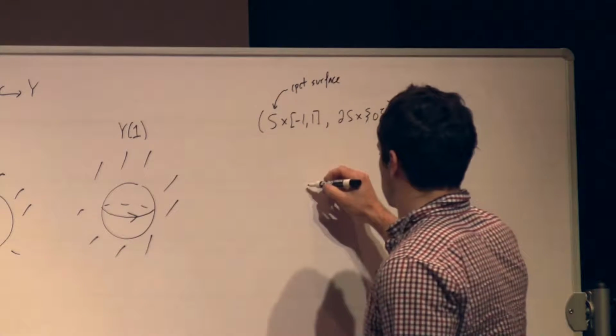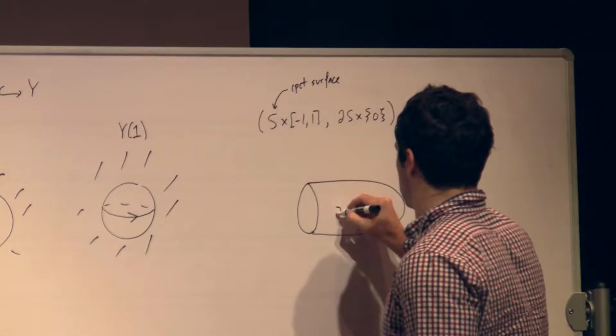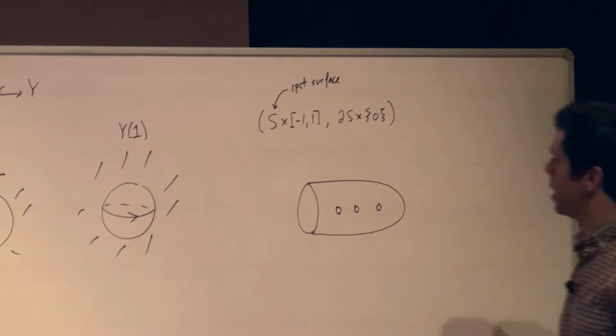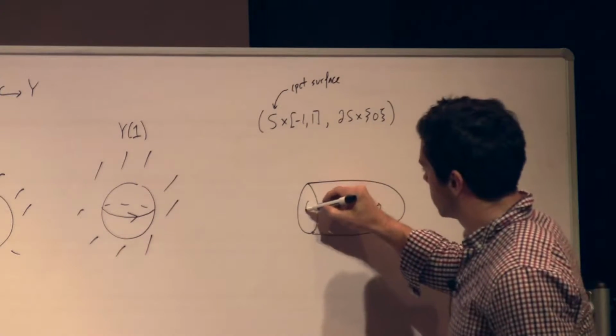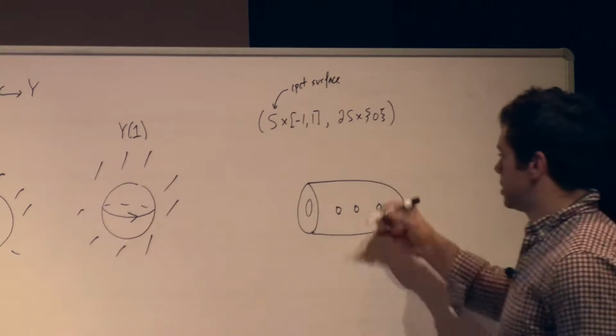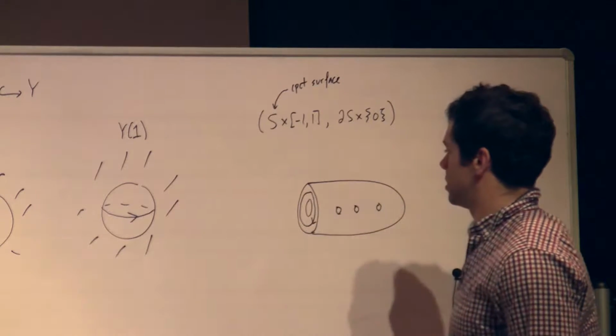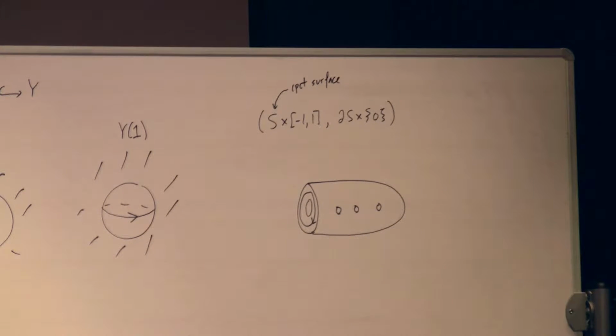So here's my surface S. And I thicken it up. And the suture in this case is just the boundary of S times 0.